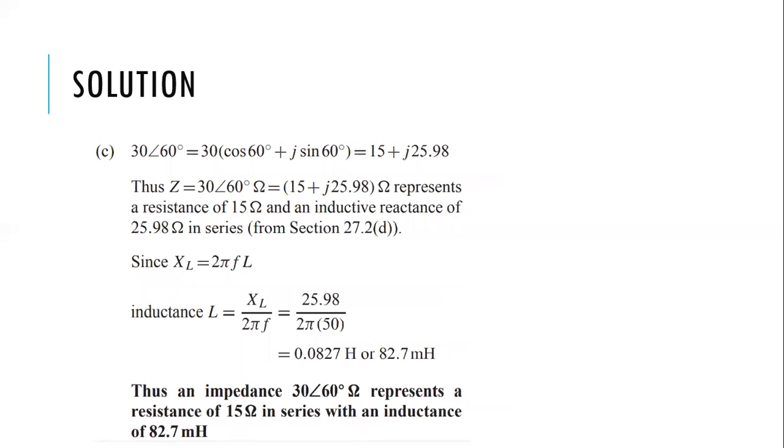And when you do that, it's 15 plus j25.98. Because it is positive j, automatically we know it's going to be inductance. XL is 2 pi FL, so L is XL over 2 pi F. That is 25.98 over 2 pi times 50, which gives you 82.7 millihenry.